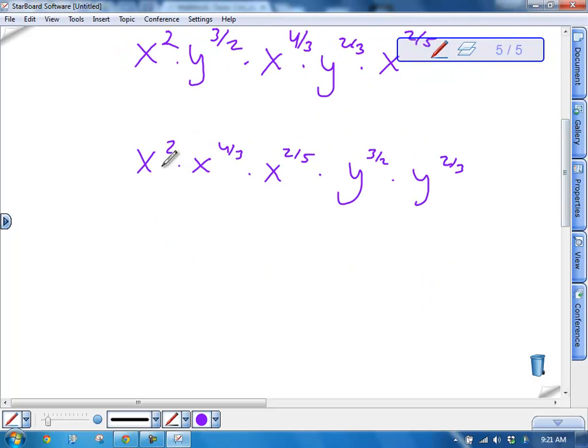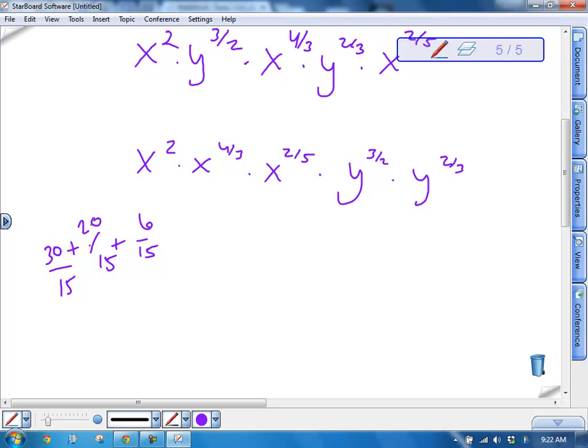All right, so I'm going to do x's. When I multiply, I add. So I need 2 plus 4 thirds plus 2/5. You can do this in your calculator, but I would strongly recommend not using the calculator as much as possible. We talked about that. I know it's easier to make a mistake, but let's see. Common denominator between 3, 5, and 1 would be 15. So I'm going to multiply top and the bottom of this one by 3, top and the bottom of this one by 5, and top and the bottom of this one by 15.